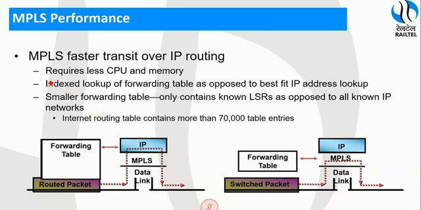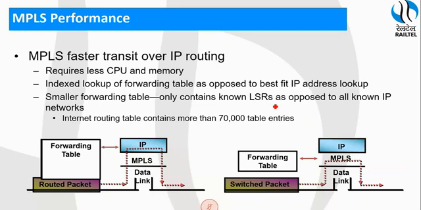As a result, it requires less CPU and less memory. It is an index lookup of the forwarding table as opposed to an address lookup. It is all based on the label. The labels are generated and it is no longer the IP address that has to be looked up. The forwarding tables are small, containing the label switch routers as opposed to all known IP networks.